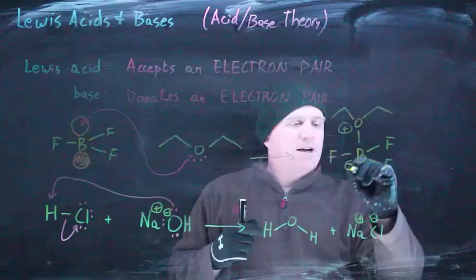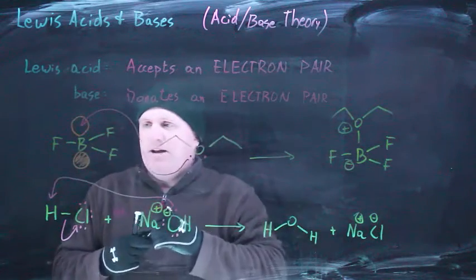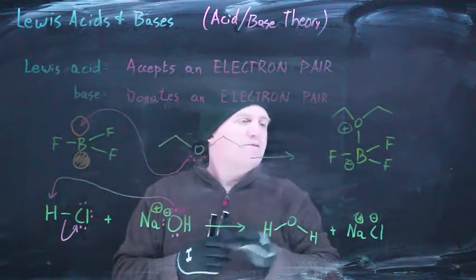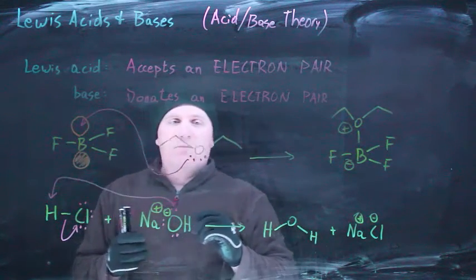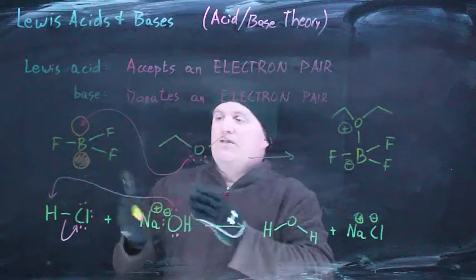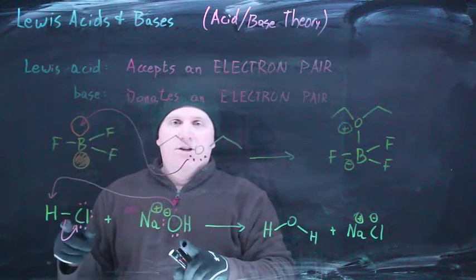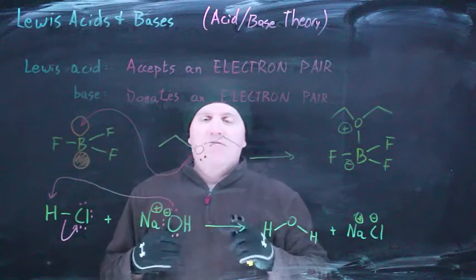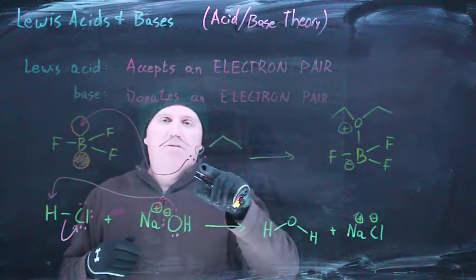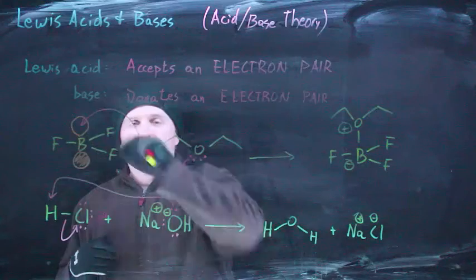And this is a complex that exists. In fact, you cannot easily buy BF3 itself, but BF3 etherate is available as an item of commerce, so you can buy it without any trouble. So acid-base reactions, you can think of in terms of proton donor, proton acceptor, but you can also think of it instead as anything with a pair of electrons being a donor of that pair of electrons.